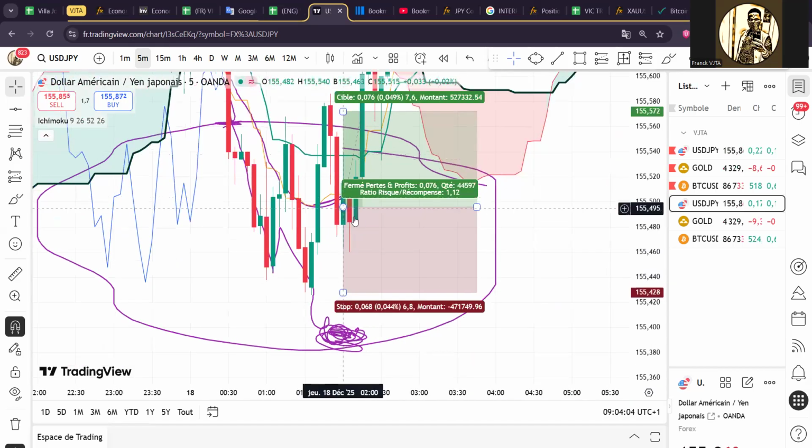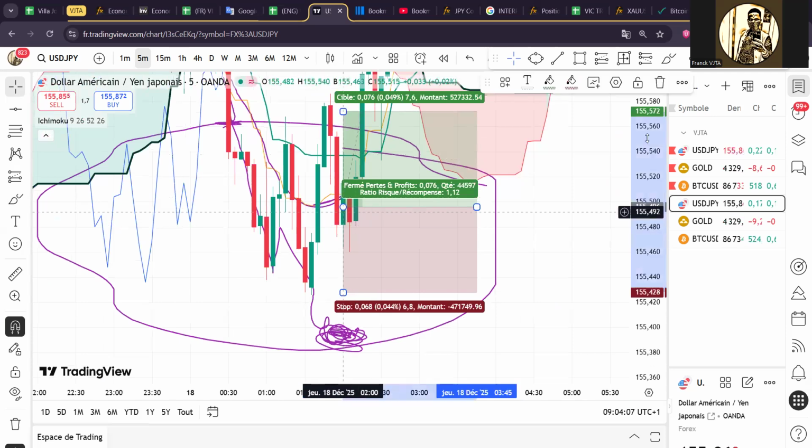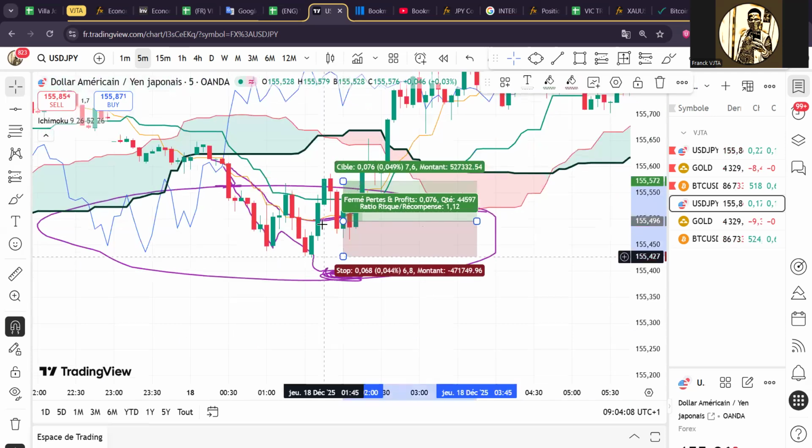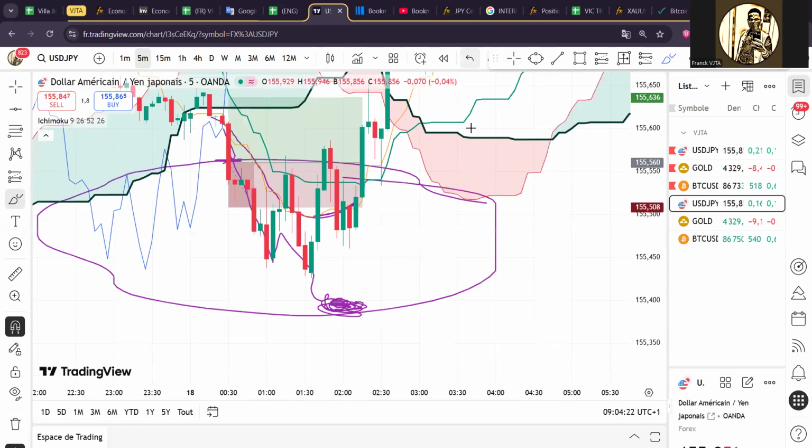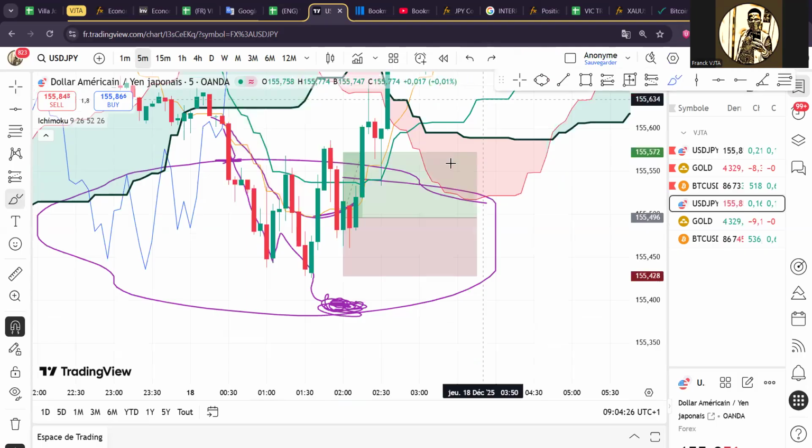You place the entry just right there, and the stop loss just below the Tenkan, the furthest V, like this, V stop loss, right? Yeah, and then you got it.